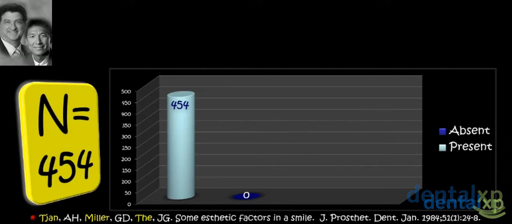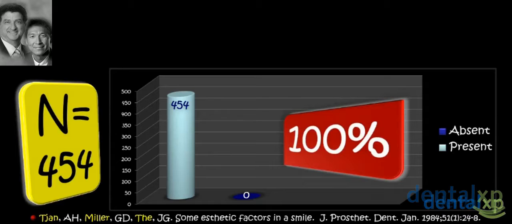Even though his paper was really focused on mid-facial tooth and gingival display, he commented that all the students he looked at showed the interdental papilla, every single one of them. So 100% of the time, the papilla shows in the younger patient population.